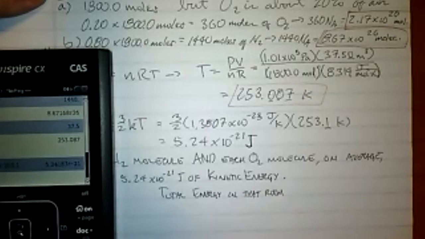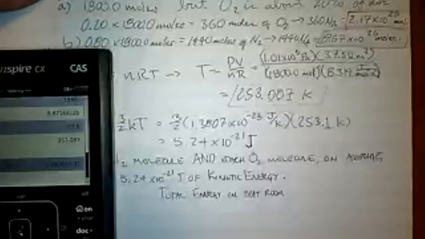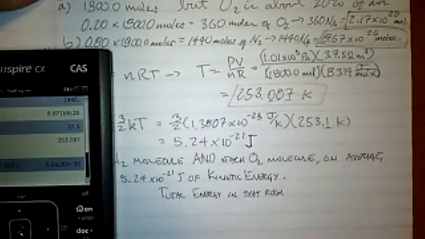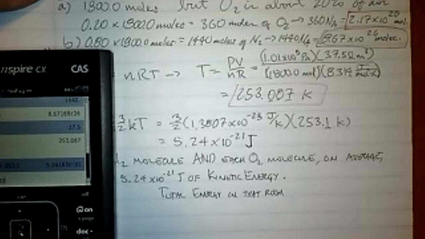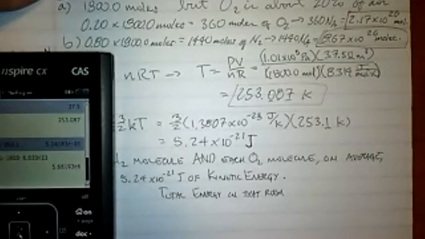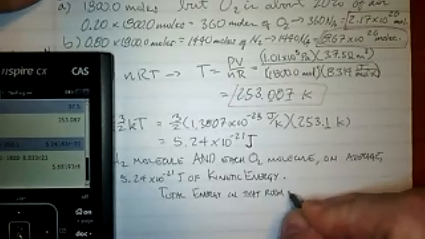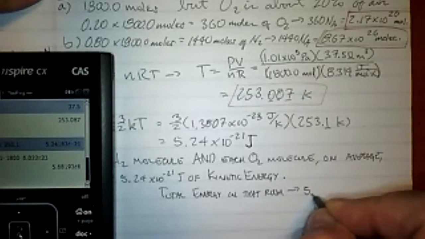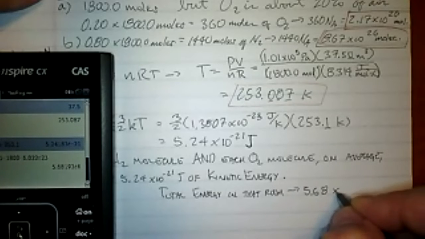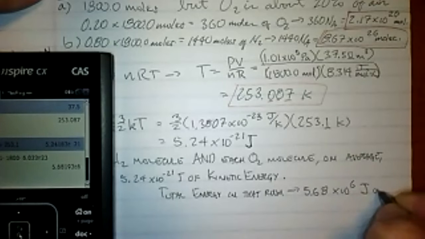So I'm going to say times 1800 times 6.022e23. And that's going to give me 5.68 times 10 to the 6th joules of kinetic energy.